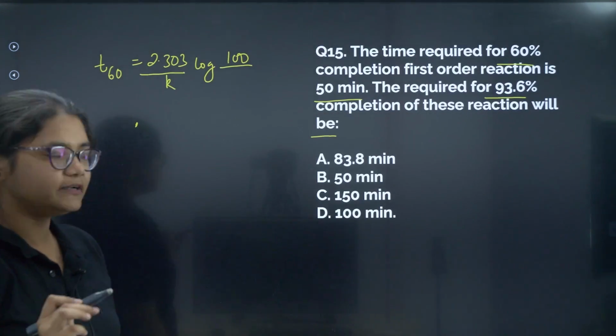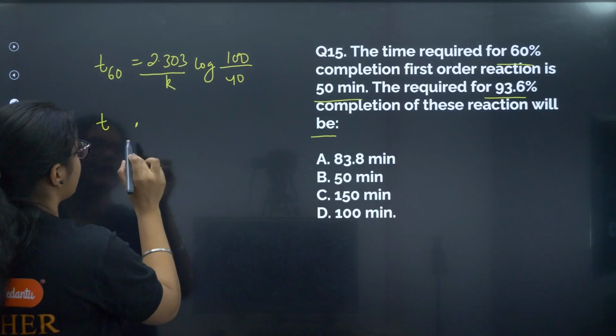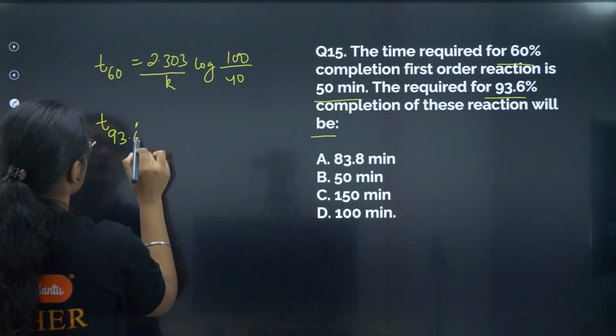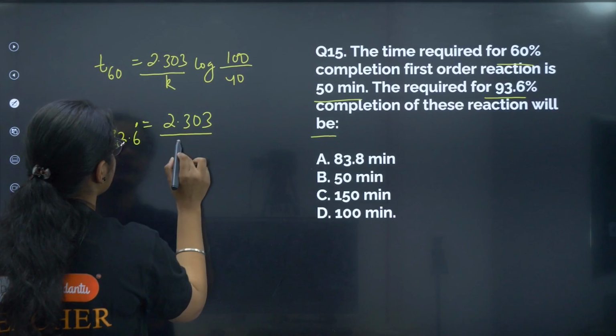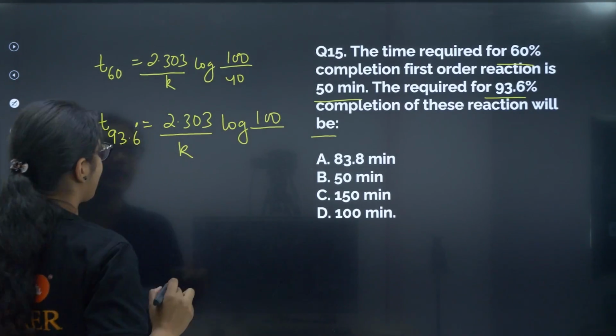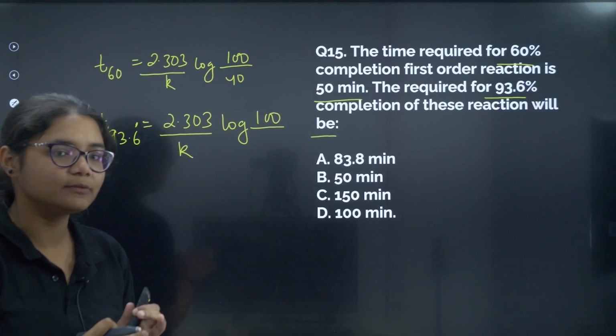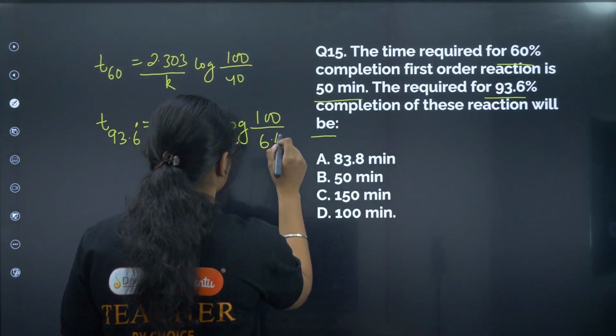Another T they have asked for is T93.6 equal to 2.303 by K log of 100 by 6.4, since 93.6 is completed, and 100 minus 93.6 is 6.4 left.